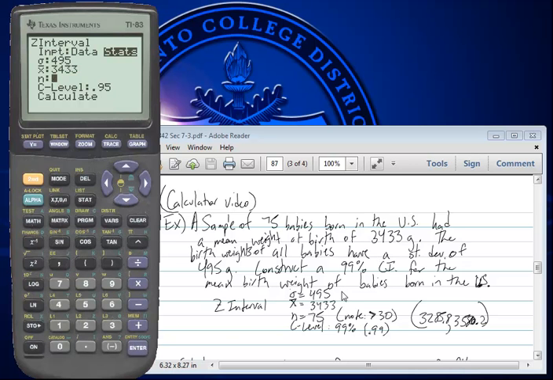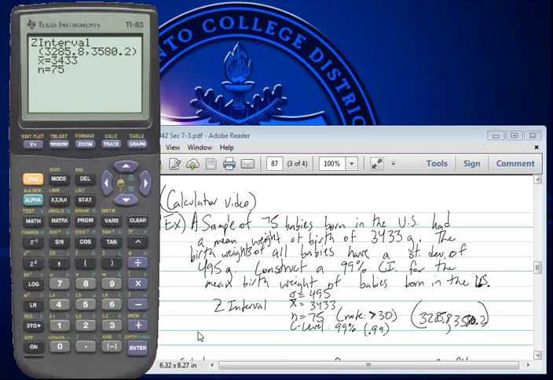Our sample size was 75 weights. And then our confidence level was 99%, 0.99, or again, if you put in 99, it'll understand what you mean there. Again, note that sample size is greater than 30. That's what allows us to use this method for a confidence interval, even though we don't know that the population that we're drawing this sample from was a normal distribution. That's the other guideline if our sample size were smaller than 30.